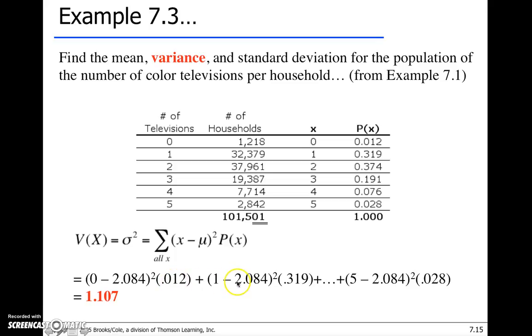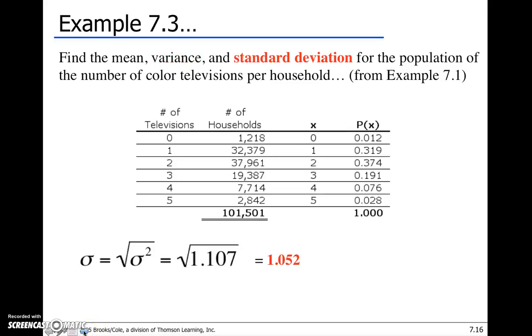Then the same is repeated for x equals 1 right down to x equals 5. The result gives you 1.107. The square root of that gives you the standard deviation, which is 1.052.